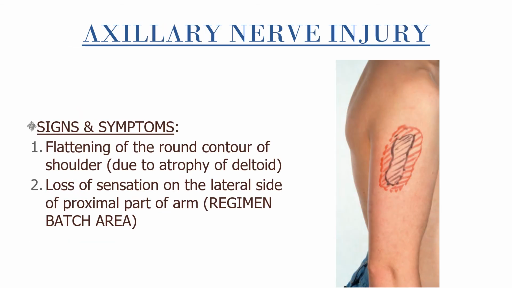Cases with axillary nerve injury present with the flattening of the round contour of the shoulder due to atrophy of deltoid muscle, and they complain of loss of sensation over the lateral side of proximal part of the arm over the area called the regimental badge area.